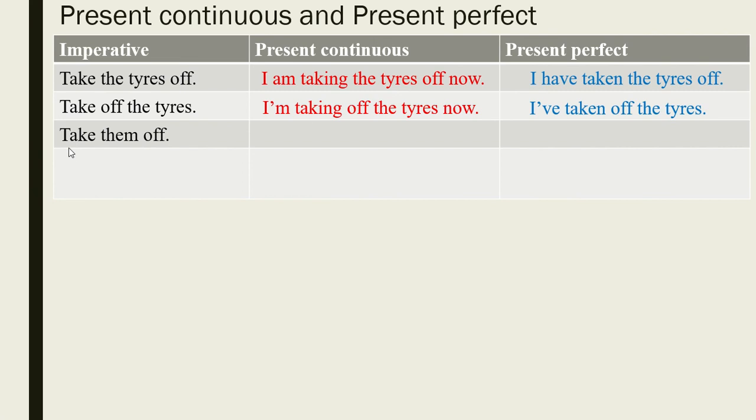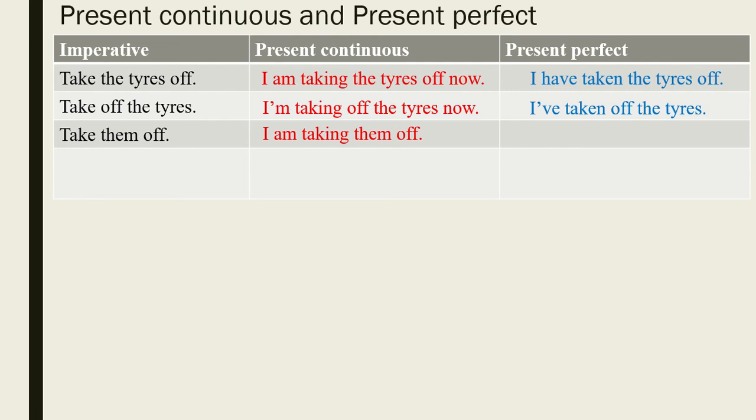For the last one, take them off. The object can only come between the verb and the adverb, because it's a pronoun, it can't come after the adverb. So the present continuous is: I am taking them off.